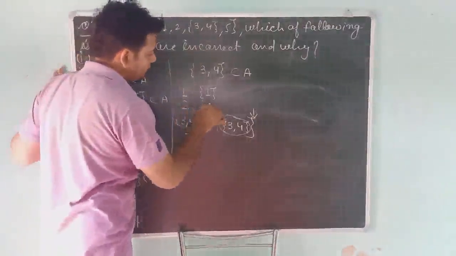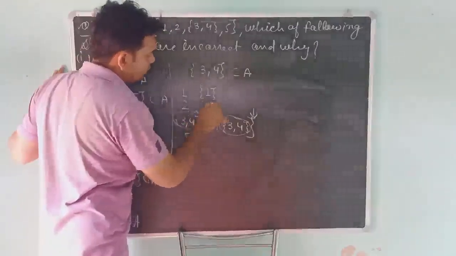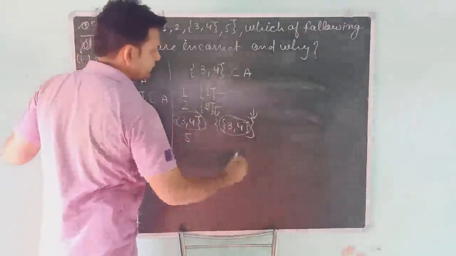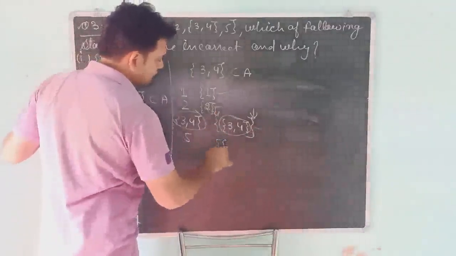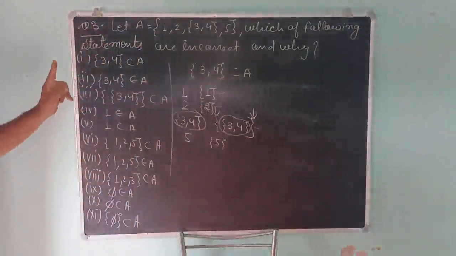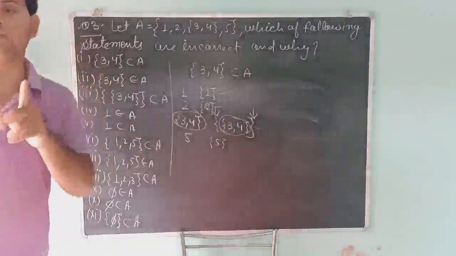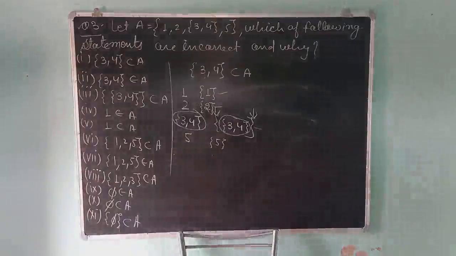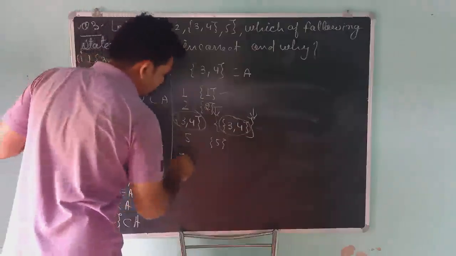2 with bracket, so this is also a subset, this is also a subset, but these are only elements, and for elements we only use the symbol of belongs to.